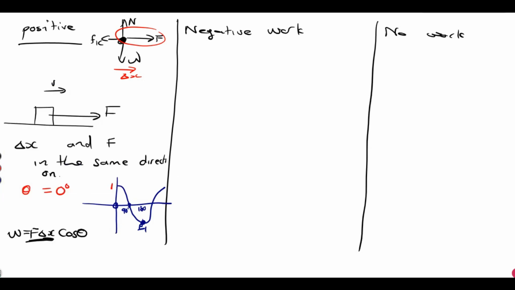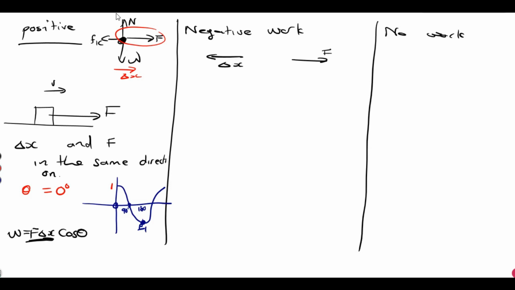Let us look at negative work. Negative work, the direction of displacement now. If the displacement is towards that side and the force is towards the other side, it's like this force is subtracting from the system. It's working against the system itself.